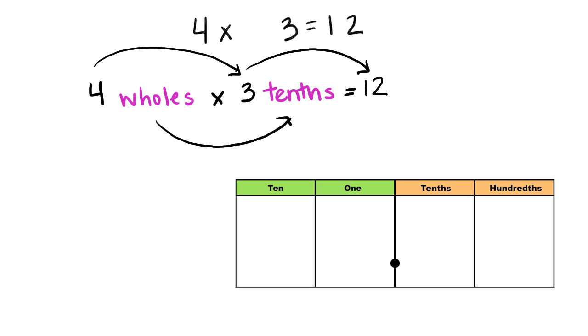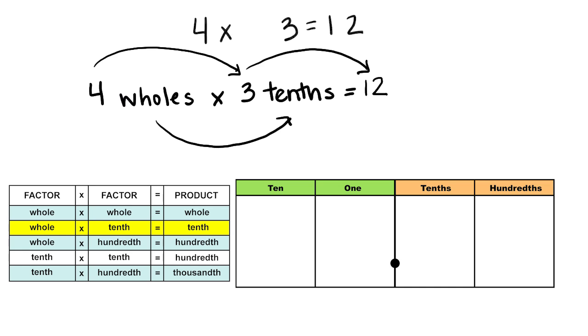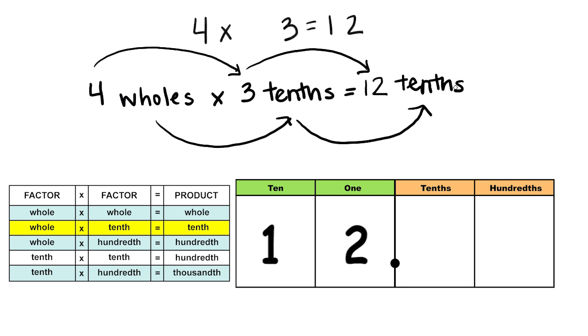This means that the problem starts in the ones place, and by taking a tenth, it shifts to the right one time and ends up in the tenths place. Looking back at the decimal product chart, a whole multiplied by a tenth ends up with a product in the tenths. Place the 12 on the place value chart. Now shift the digits 1 to the right. The answer is 12/10ths, or 1 whole and 2/10ths.